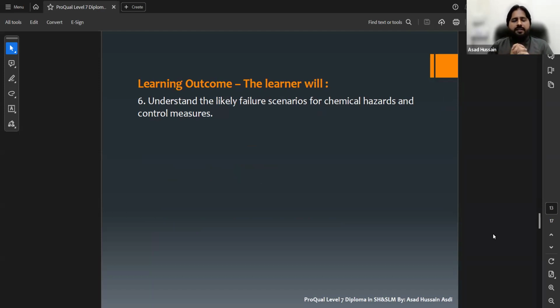Okay, so you have seen that in the start, I told you the name of the unit is Digital Technologies and Incident Investigation.